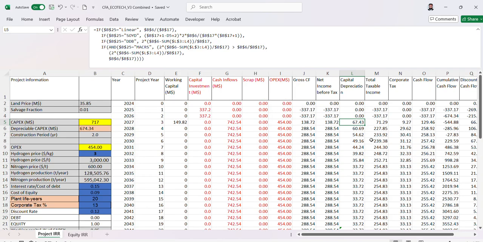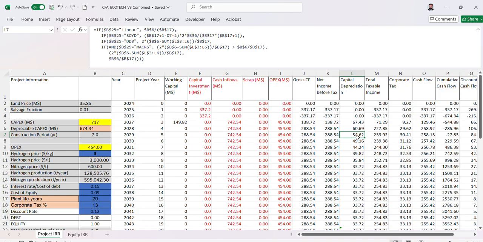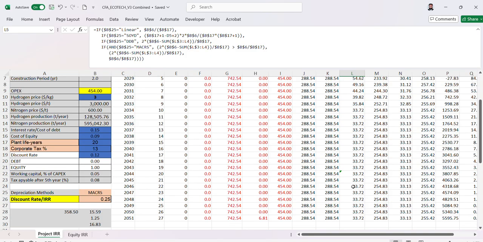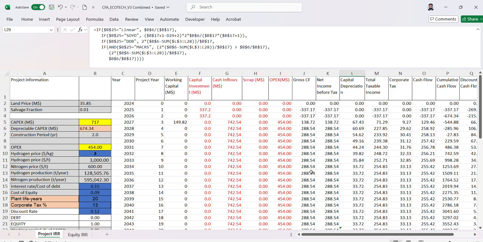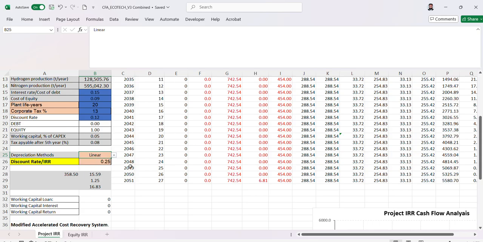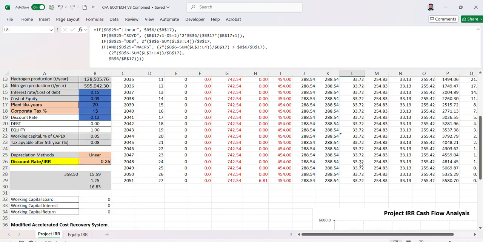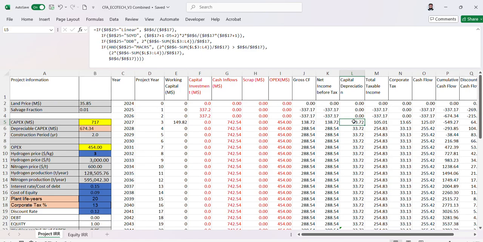For example, if I choose the MACRS method, as you can see, it starts at 67, then slowly goes down to 33. And if I choose linear, for example, then it's all 33. It's just dividing by the number of years.